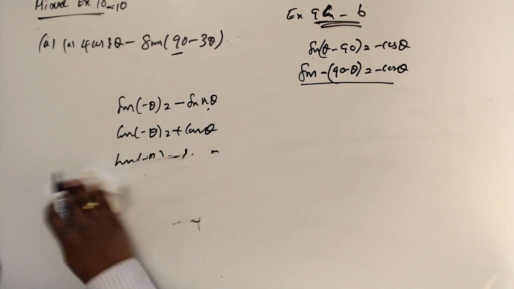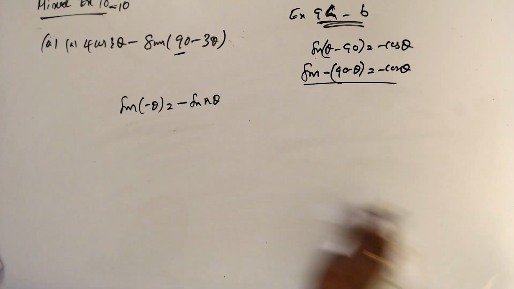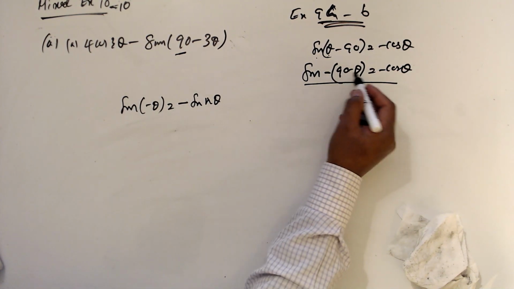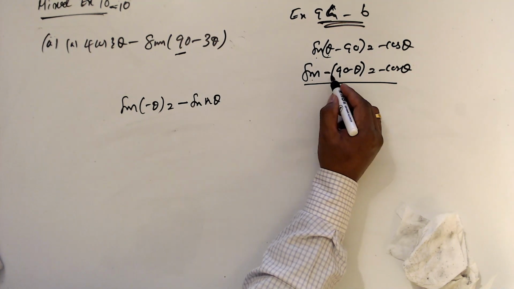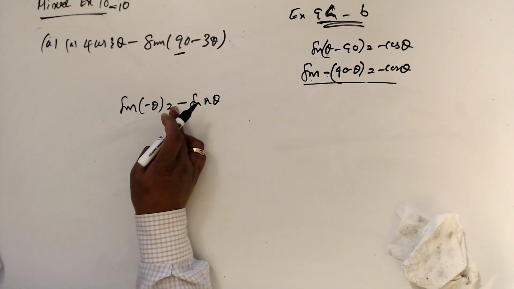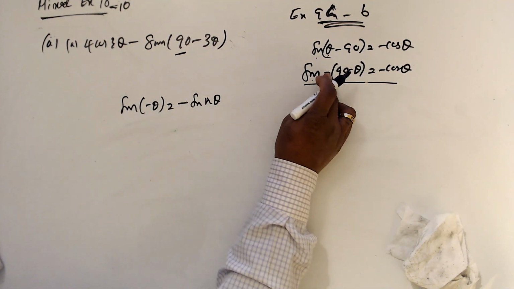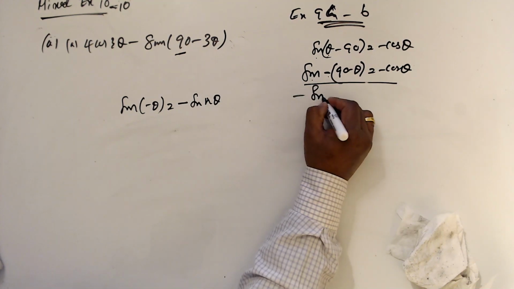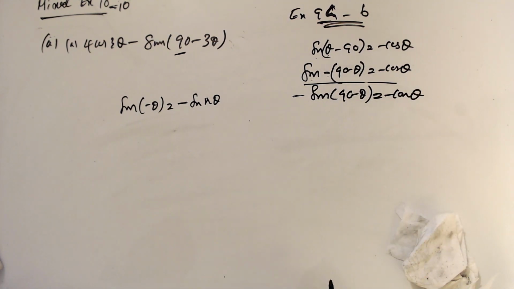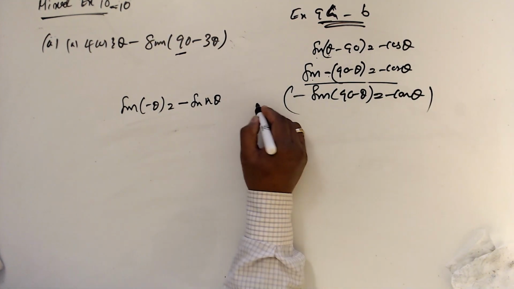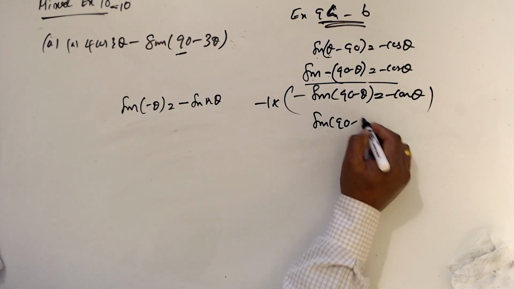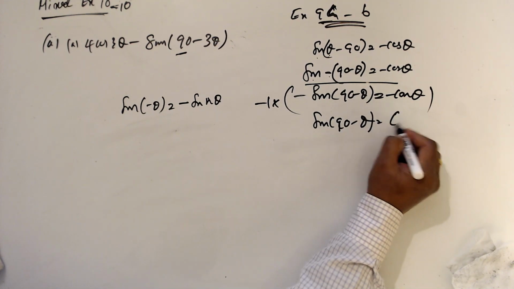So now I am going to use this theory here. I drag this minus to the outside, so minus sine of 90 minus theta equals minus cos theta. Multiplying both sides by minus 1, sine of 90 minus theta equals cos theta.